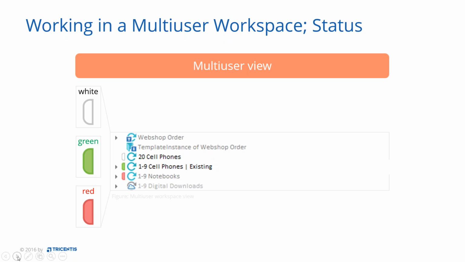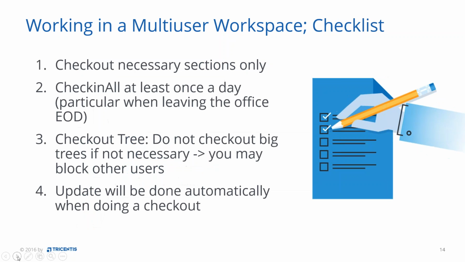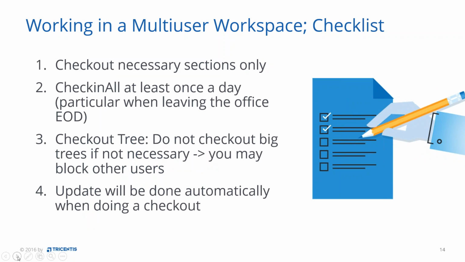So let's look briefly at some checklists. What we'll actually do is look at these within Tosca so that you can see them and the multi-user workspace in action. But the key things that we would tell you, if you're using a multi-user workspace: check out the necessary sections that you need at the time only.